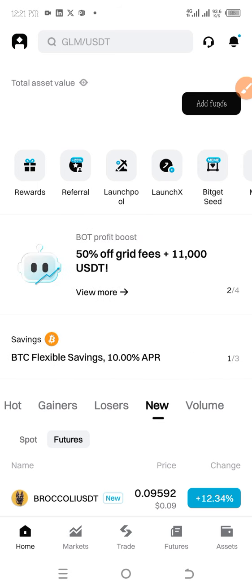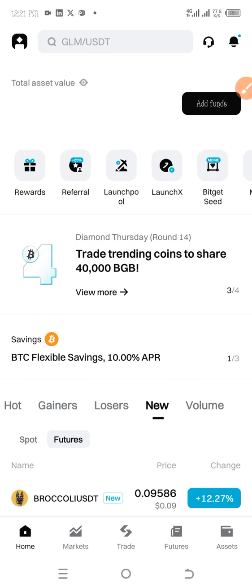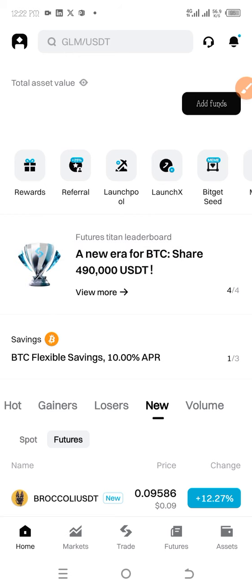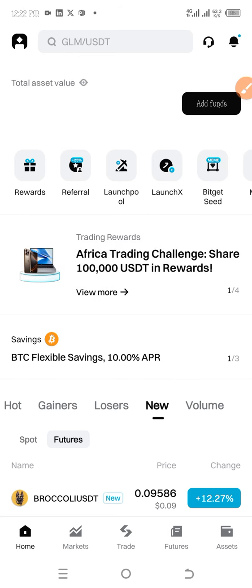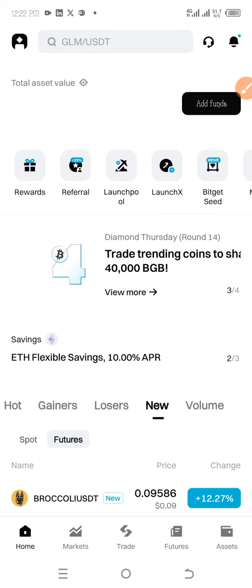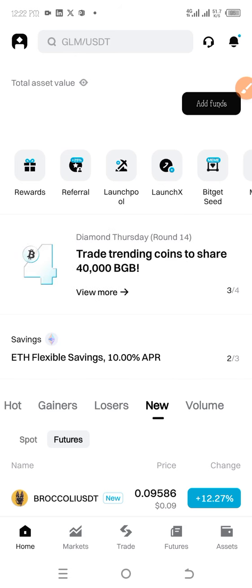Let's assume you want to participate in launch pool and the coin that you want to use is USDT. So you stake maybe 100 USDT, which is a stable coin. After the staking period, maybe 3 days or 5 days, you are going to get your 100 USDT back. Nothing will happen to it, and they are going to reward you with the coin.